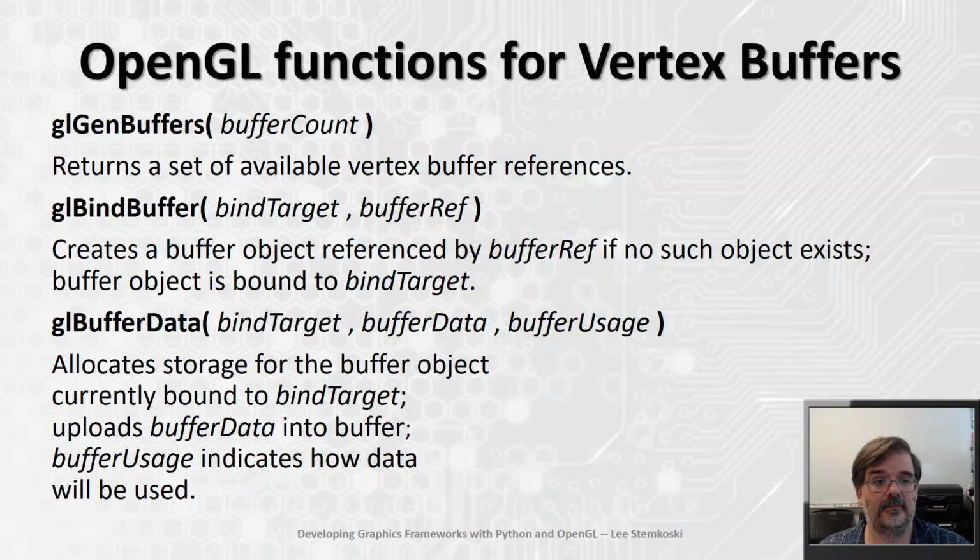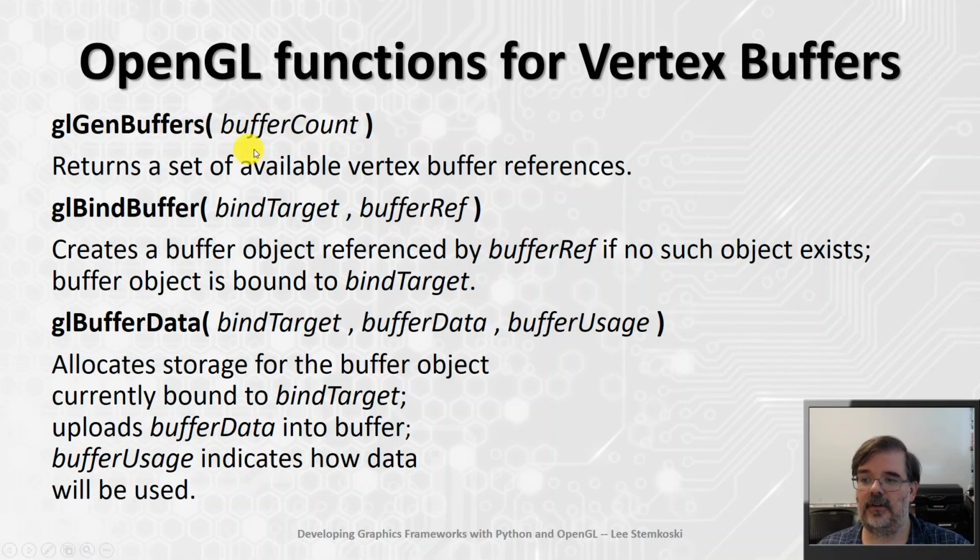So, to begin, the first function you're going to need is to generate the names of available buffers. You don't get to pick the name of the variable on the GPU. What you need to do first is call this function here, glGenBuffers, and that will return one or more buffers.